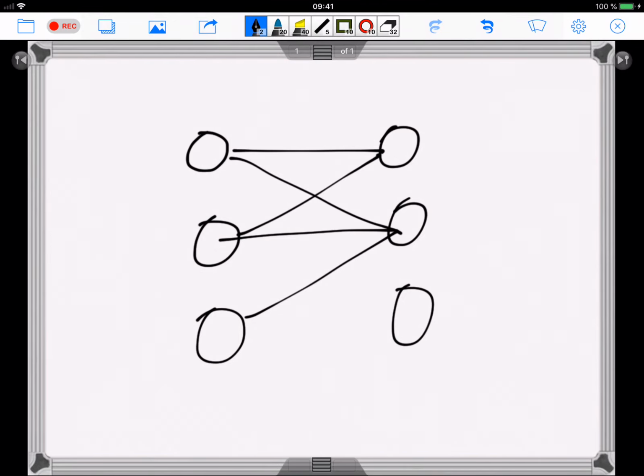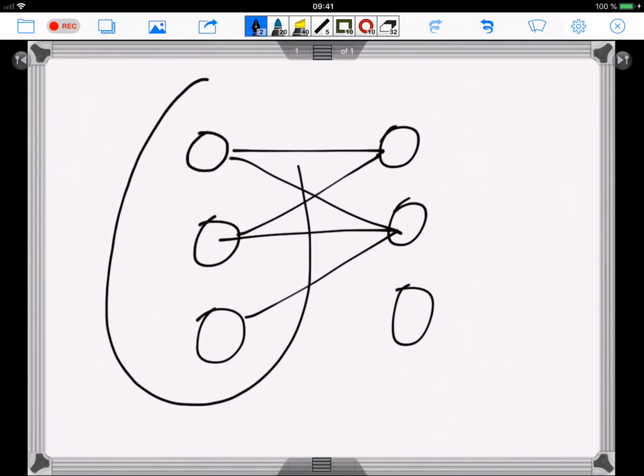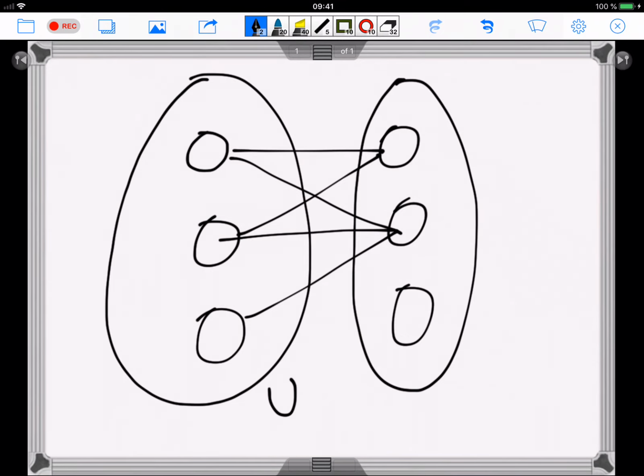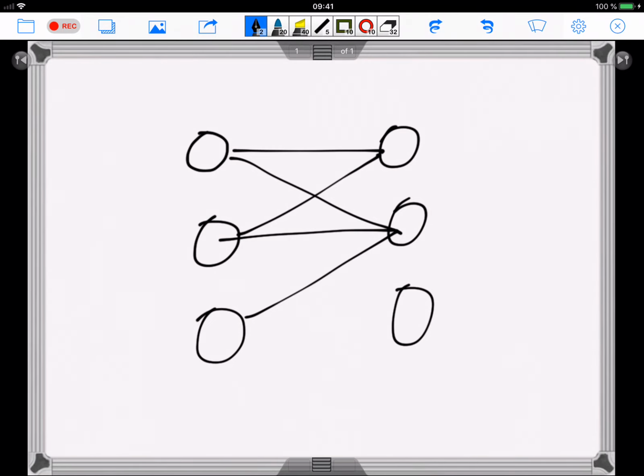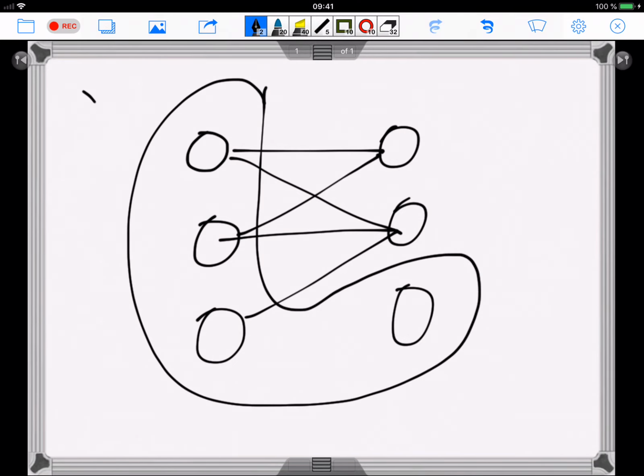Of course here I can take this part to be U, and I can take this part to be V. And this makes the graph bipartite because there are no connections, as you can see, among the vertices in U, and there are no connections among the vertices in V. But I can also make a different division here, for instance, taking these vertices as U and these vertices as V. Okay?